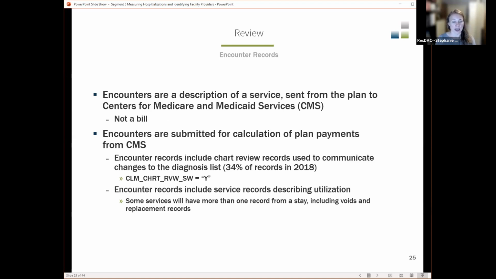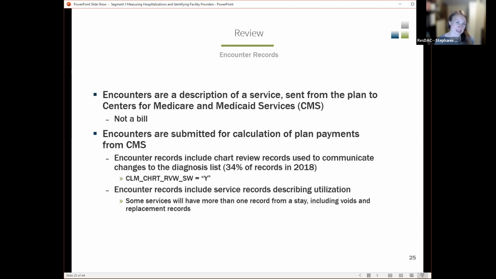And they're describing utilization. Sometimes you may find more than one record per stay, and we don't have a lot of information about that. Sometimes we would have been able to see a denial or something like that in the fee for service, and we unfortunately don't have that in the Medicare Advantage.